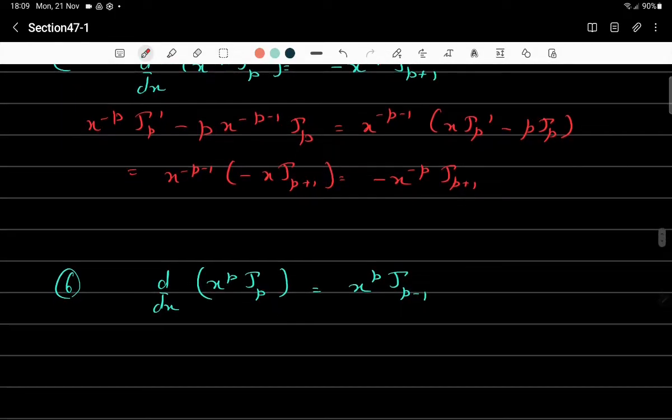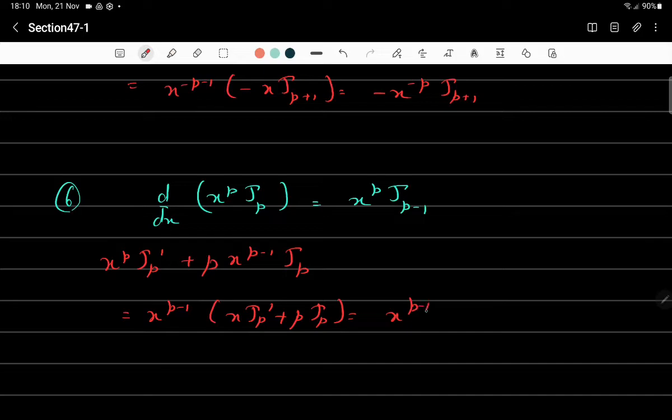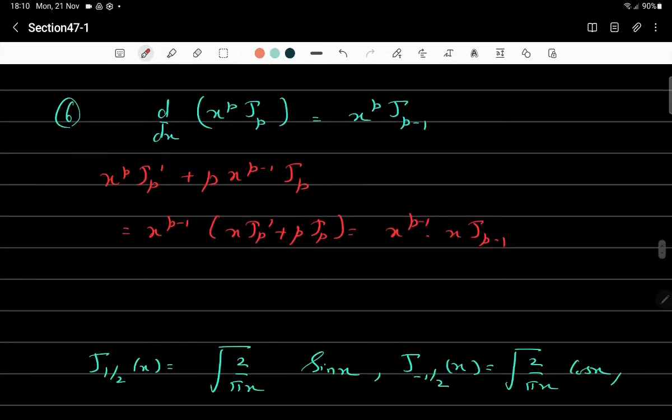Similarly, there is one more property, d by dx of x raised to the power p Jp. Try it by yourself and it can be easily solved. So you take x raised to the power p minus 1 common and use property 2, which is x Jp minus 1. So multiplied by x Jp minus 1, that gives you the required answer.